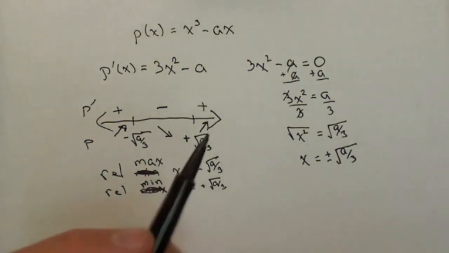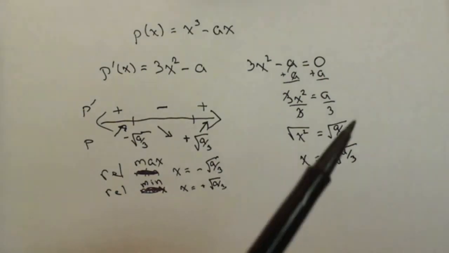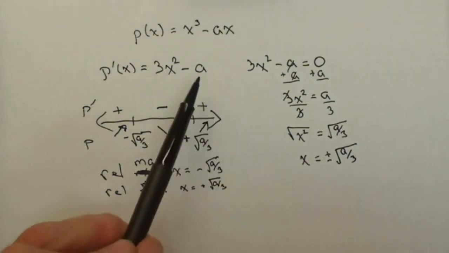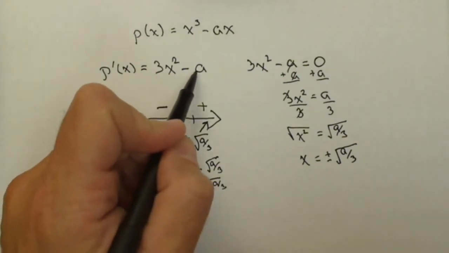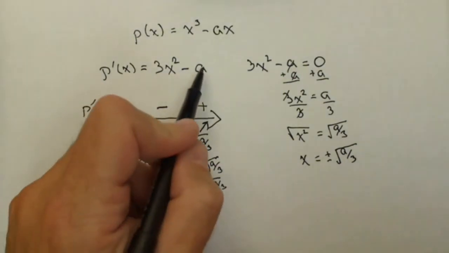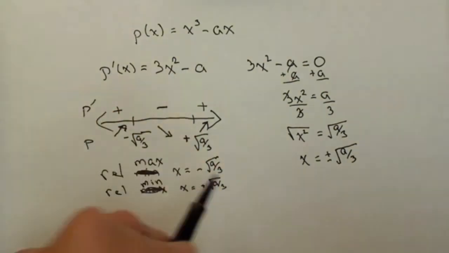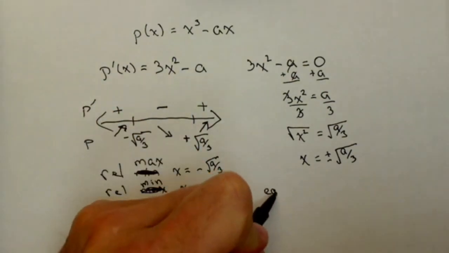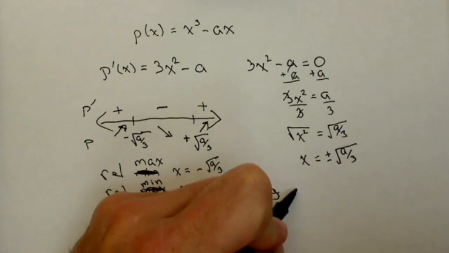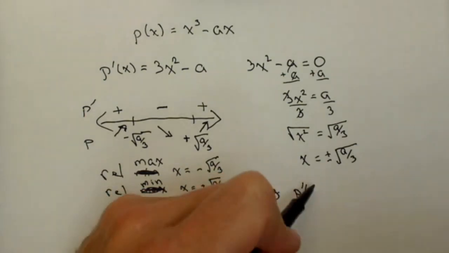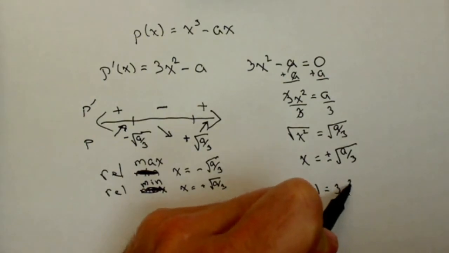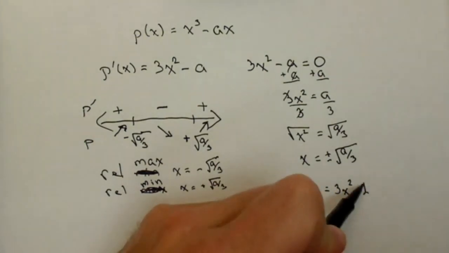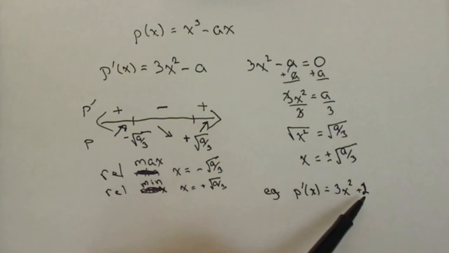Now, if a were to be less than 0, think about what would happen. If a is less than 0, then we would be adding something to the end here. For instance, what if a was negative 2? Let's just look at one example. Our derivative would be 3x squared plus 2, which is 3x squared shifted up 2.